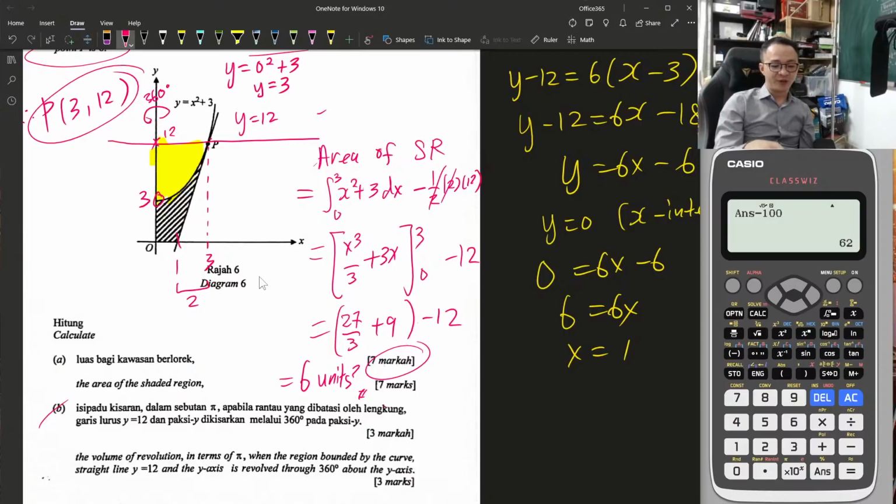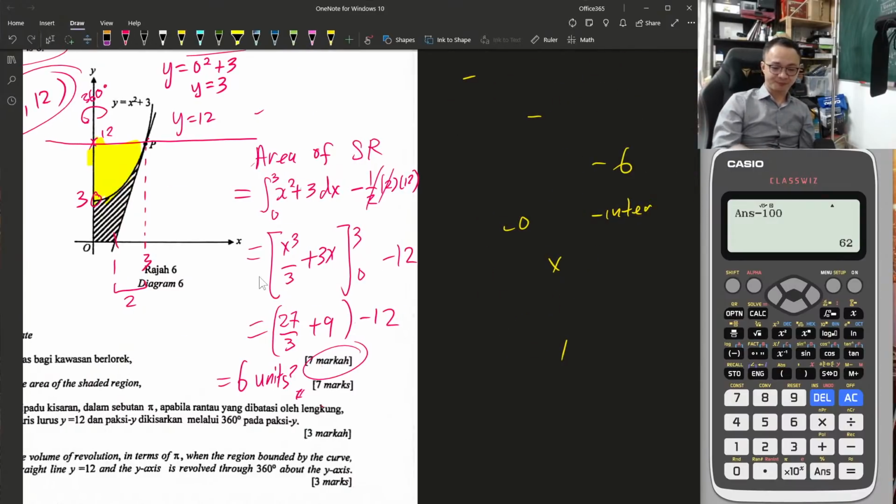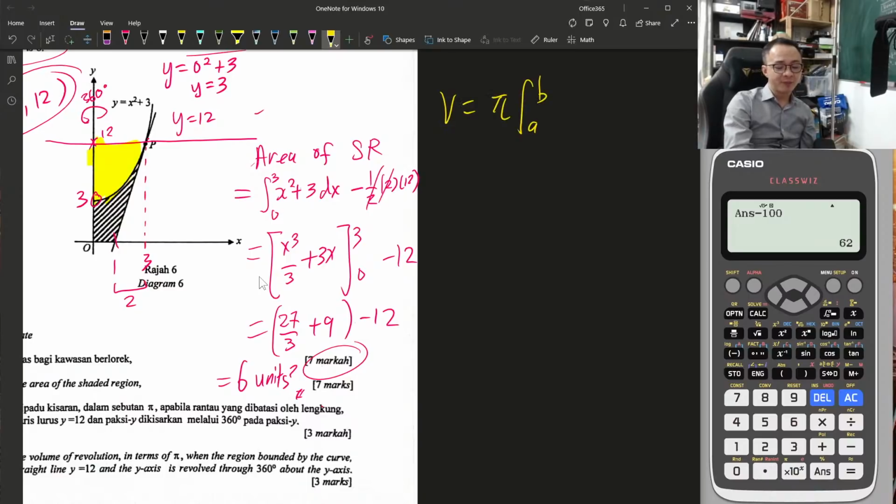So now I want to find the volume. In order to find the volume, we know on the y-axis it is pi, integral from a to b, here is dy, here must be x squared, isn't it? This is the volume when you rotate on the y-axis.